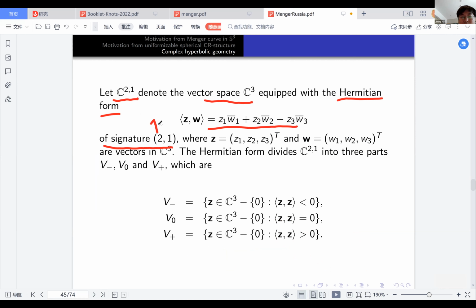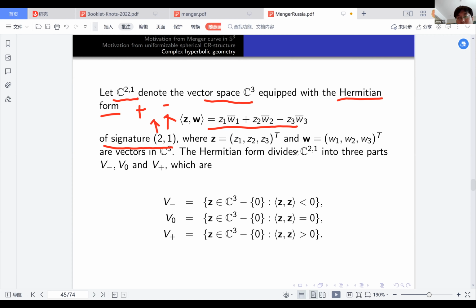So here 2 means plus, right? And the signature, the other value here is plus, and 1 is minus. So the metric here has 2 positive eigenvalues and 1 negative eigenvalue, right? So then let's just give the Hermitian form.